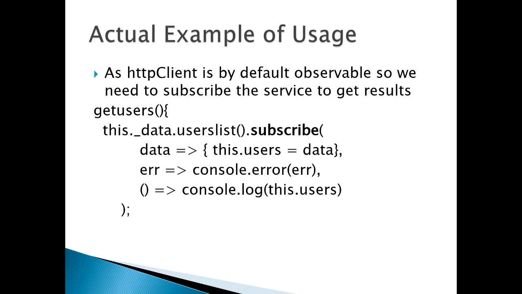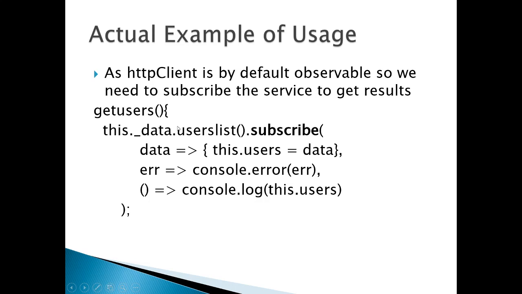A simple example of how to subscribe to an observable. This is our service. It has a method, and that method is of type observable. Why can it be an observable?